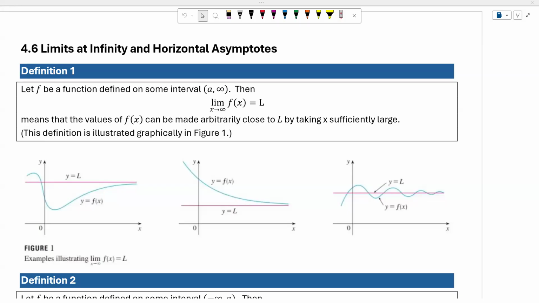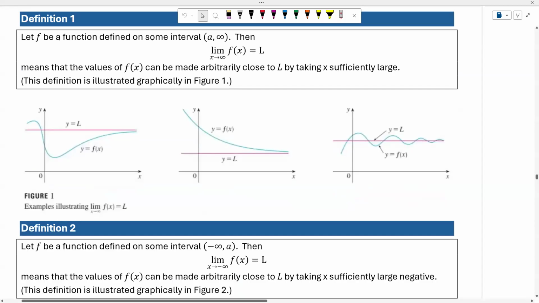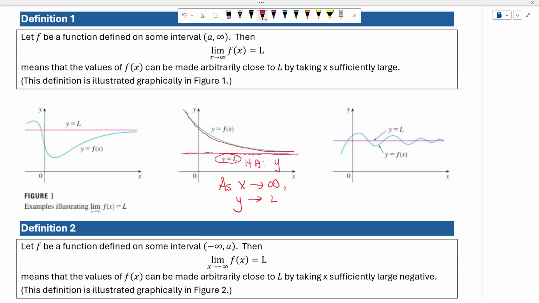If you remember, in precalculus, we talked about horizontal asymptotes: if we have a function, as x approaches infinity, the output y is getting closer and closer to a line, L. Then the function approaches L. So in this case, we say that we have a horizontal asymptote y equal to L.